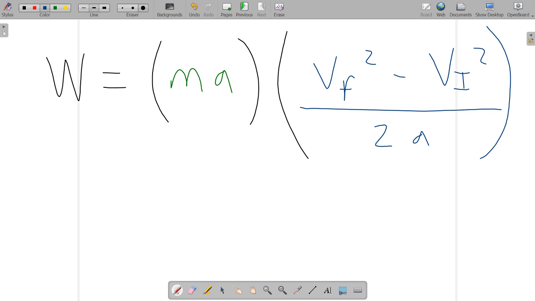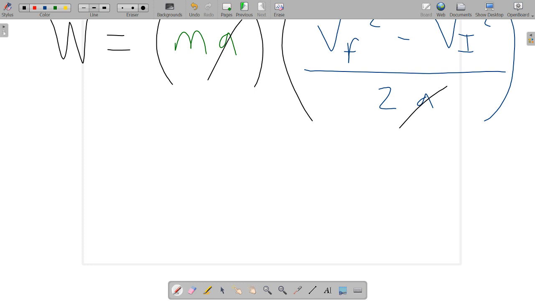Now, from there, I want you guys to notice something here. I have an acceleration at the top, and I have an acceleration at the bottom. Obviously, when I multiply those two, they cancel. So this a cancels out with that a. And so this is what I'm left with.